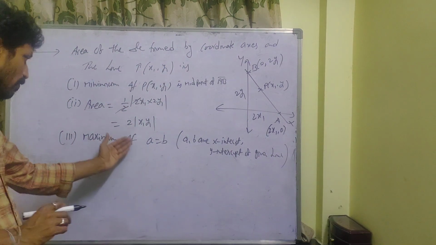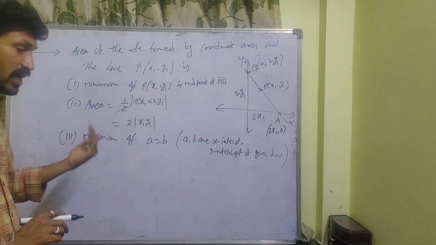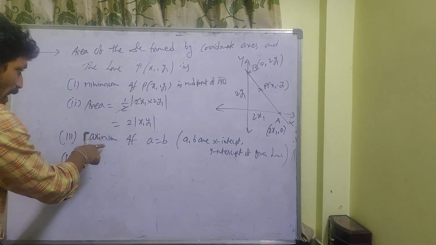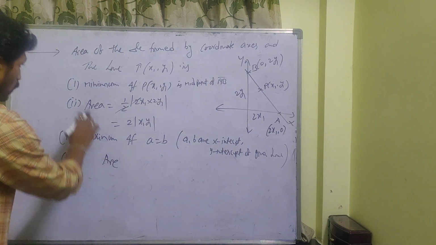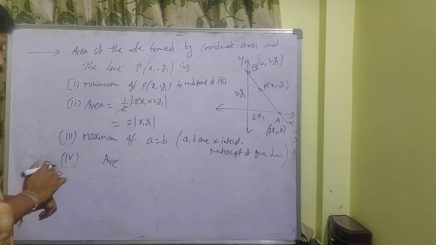It becomes maximum when A is equal to B. And what is the area? After the minimum, what is the maximum area?